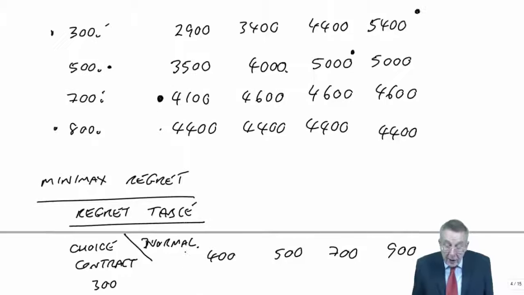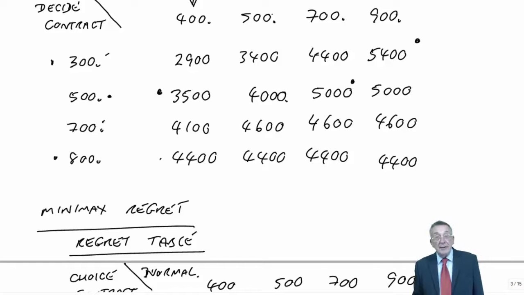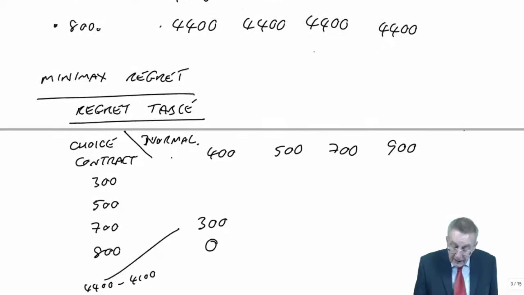What happens if we'd have contracted 500? We'll have had 3,500. We know we could have had 4,400 if we made the other choice. And so we've lost effectively the difference. 4,400 minus 3,500 is 900.